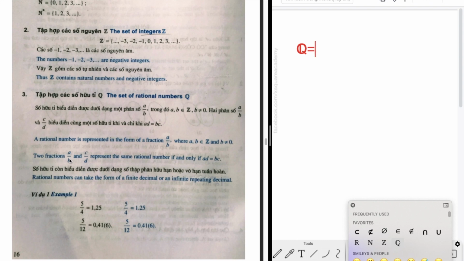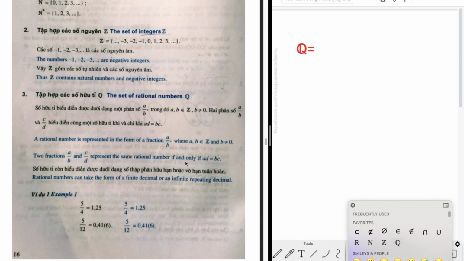Two fractions a over b and c over d represent the same rational number if and only if a times d equals b times c.